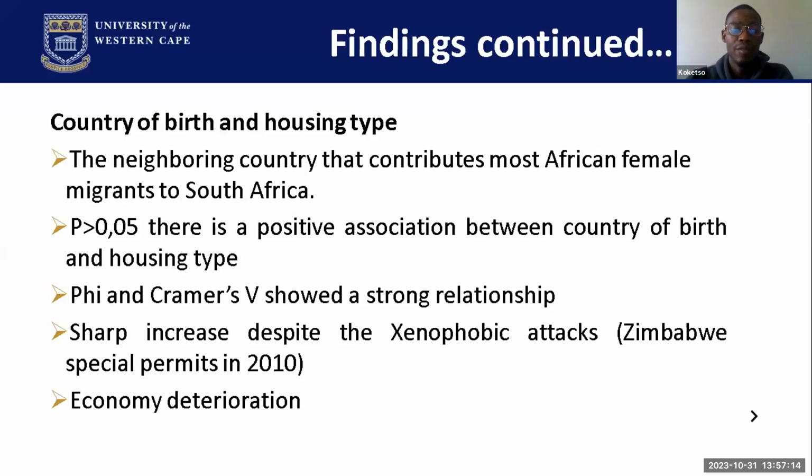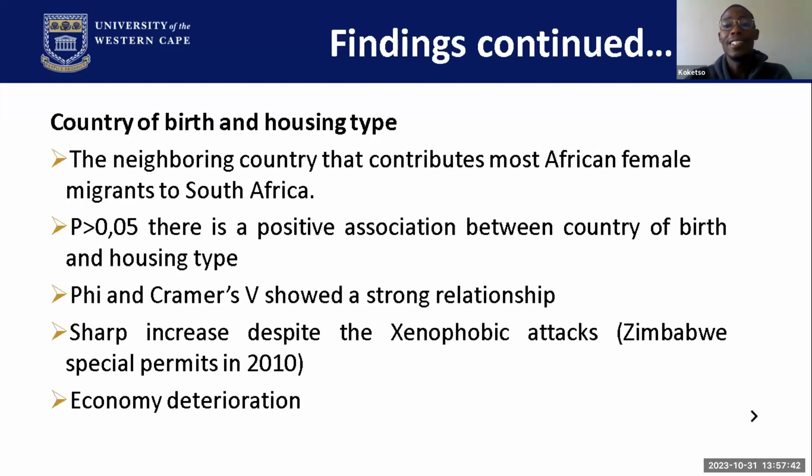One would have expected the migration rates to drop after the popular xenophobic attacks in South Africa. However, we did not see that. Surprisingly, there was a very sharp increase in the number of African female migrants in South Africa.